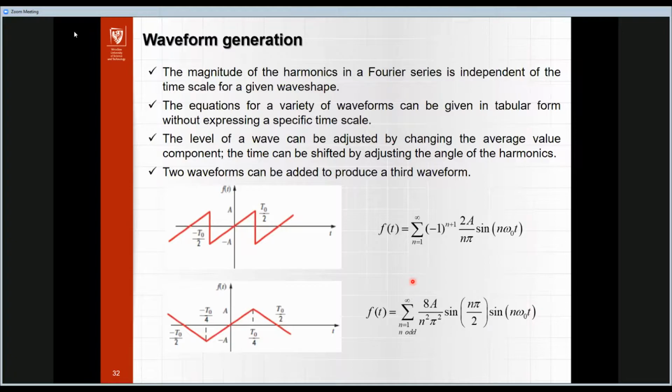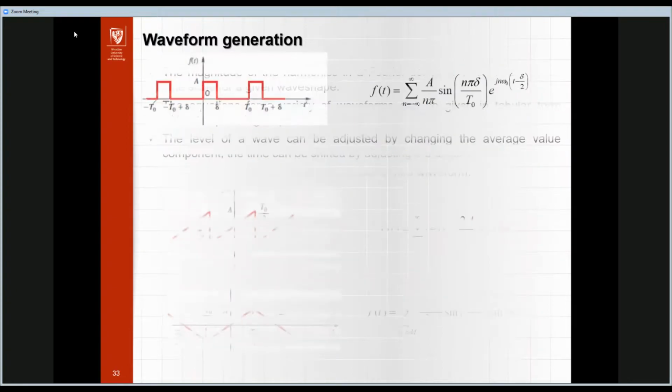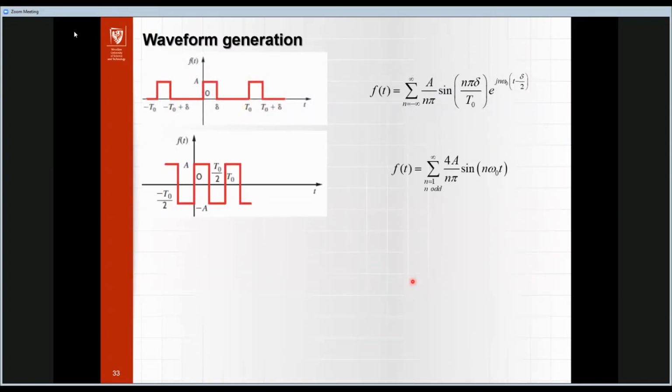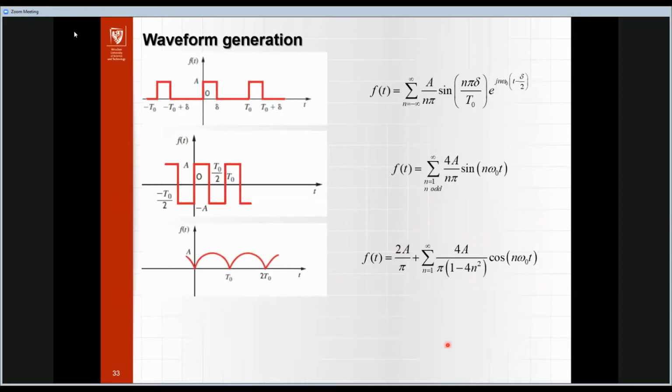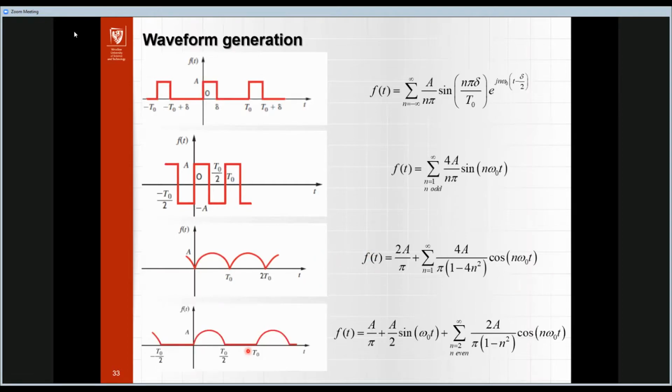You can also use this. It is the touch signal, and on this signal we calculate this. This signal is the full rectified signal, which is connected with the supply, and the half rectified signal and its harmonics.